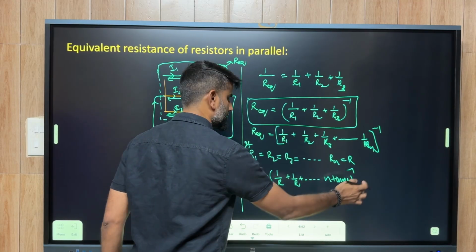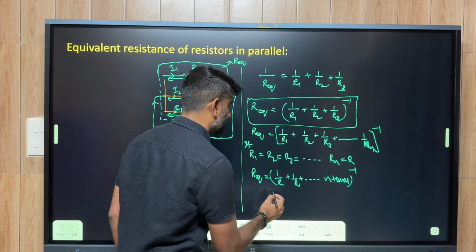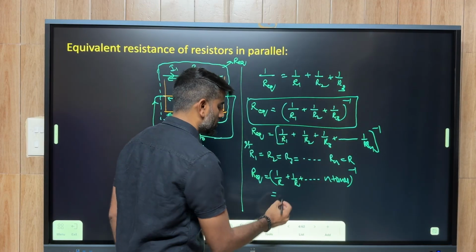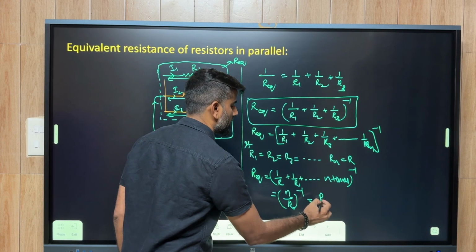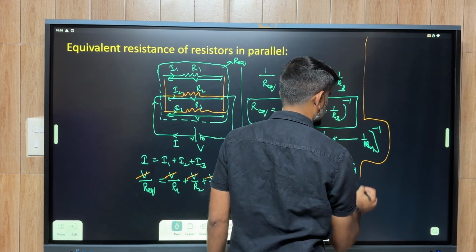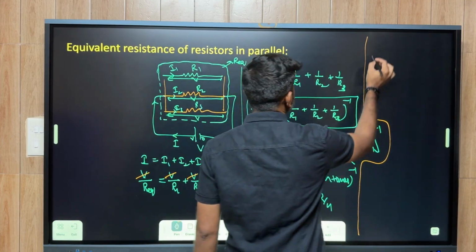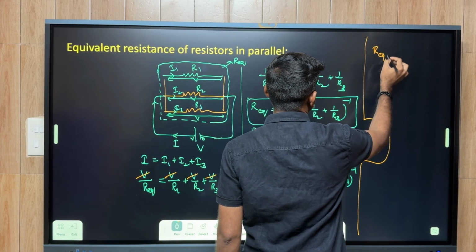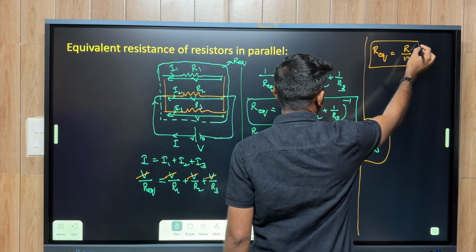As it has n times, that is (n by R) whole inverse, which is R by n. So the final result: when n resistors of equal resistance are connected in parallel, the equivalent resistance is R upon n.